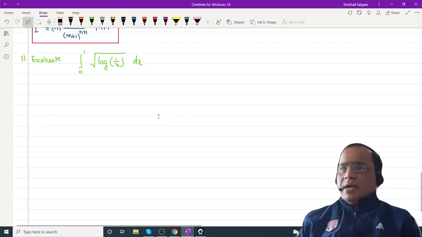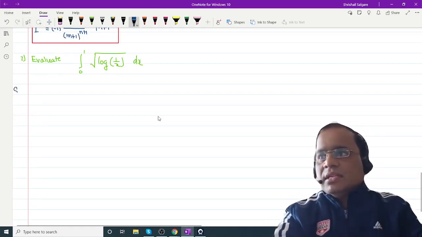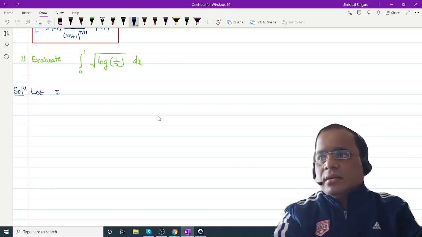The first step, I will call this integral I. So let I be equal to integral 0 to 1 square root of log of 1 by x dx.